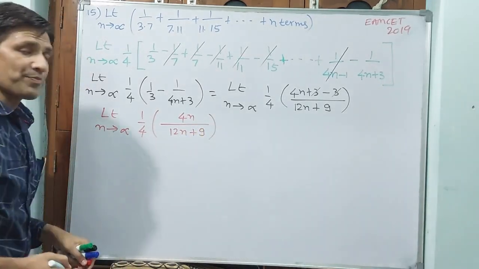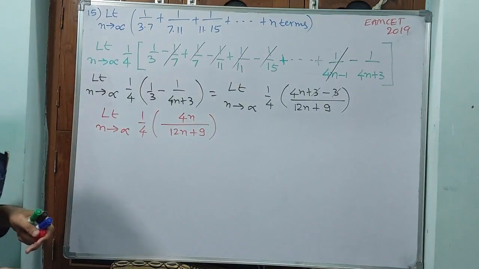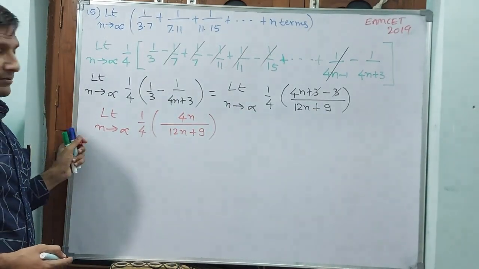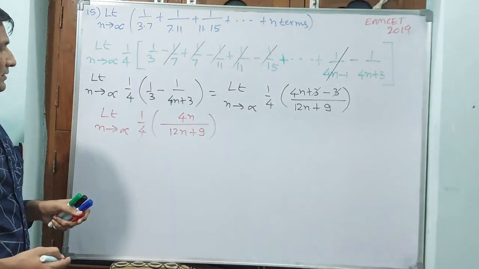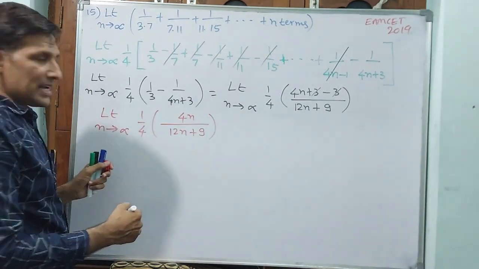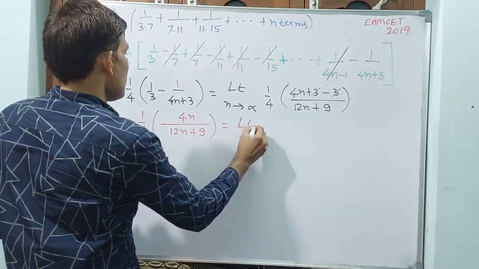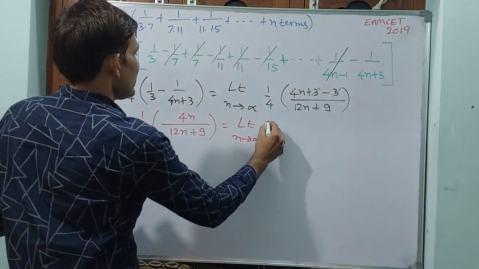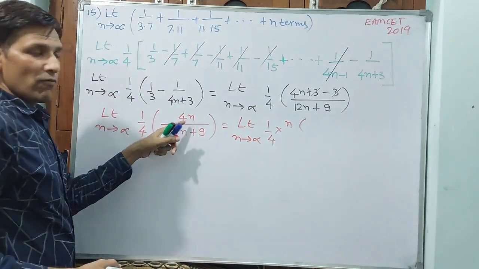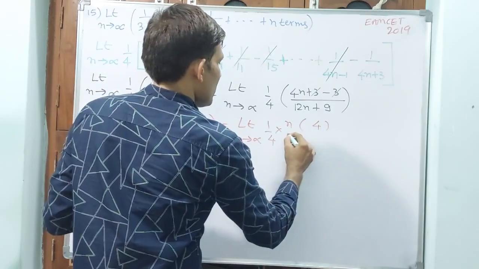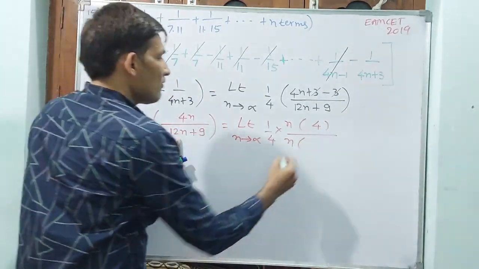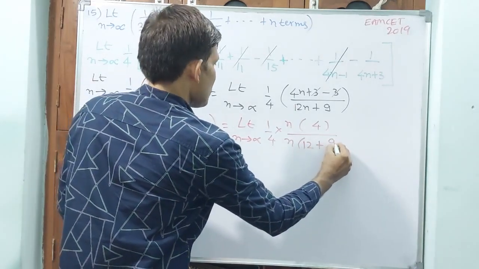Okay, now you see, I am taking n as common. If I take n as common, n is going to get cancelled out. Then write down limit n tends to infinity 1 by 4 into, in the numerator if I take n common, 4 will be there, divided by, here also if you take n common, 12 will be there, plus 9 by n.